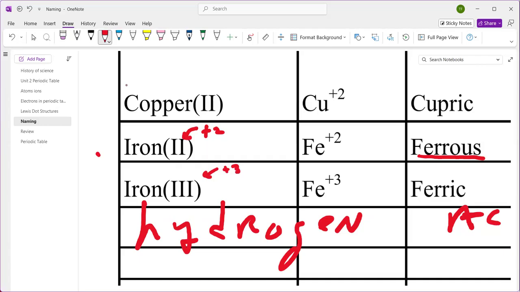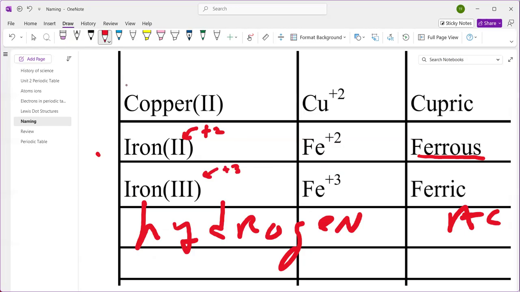Iron 3 is going to be iron plus 3, and the old name is called ferric. Like, for example, rust is ferric oxide. No one calls it iron 3 oxide. We call it ferric oxide. So keep that in mind when you see these names.